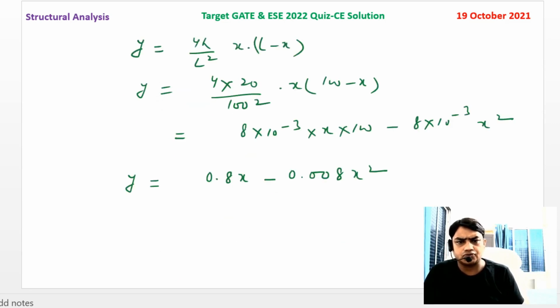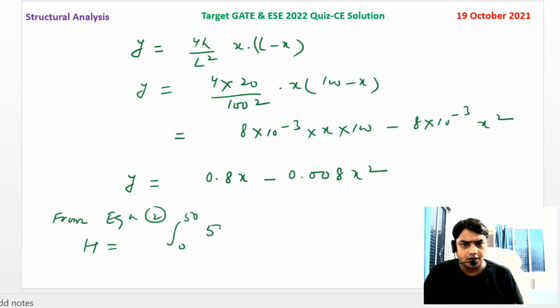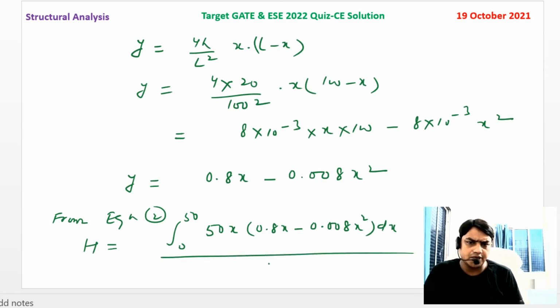So put the value of y in equation number 2. From equation 2, H equals the integral from 0 to 50 of 50x into (0.8x minus 0.008x square) dx, divided by the integral from 0 to 50 of (0.8x minus 0.008x square) whole square dx.